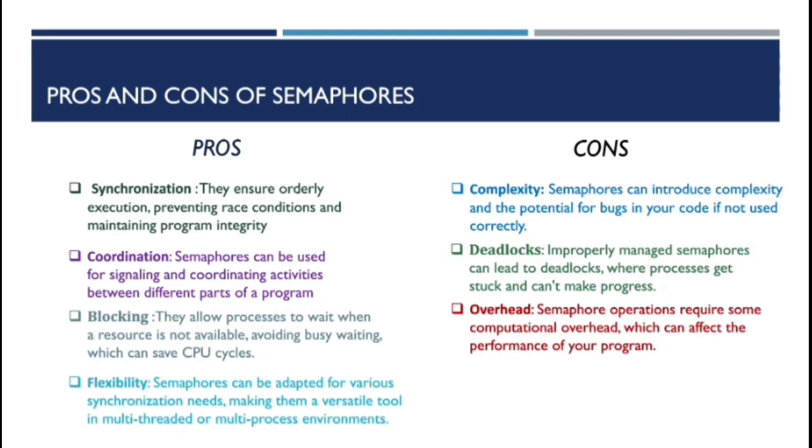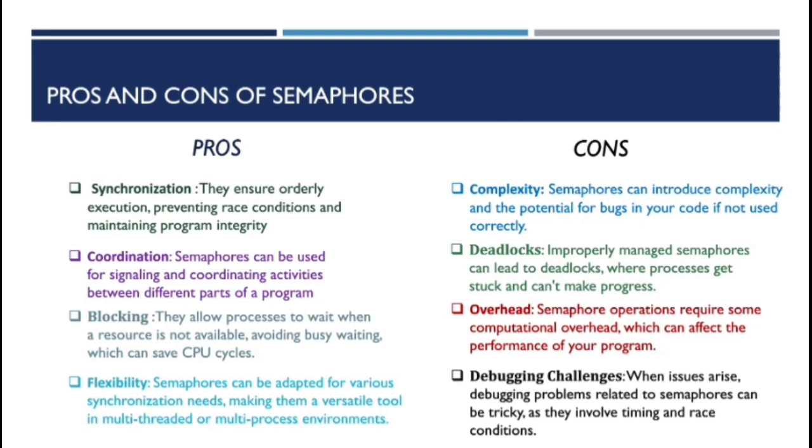Semaphores also give overhead, that is, they require some extra work for the computer which can slow down a program. When issues arise, debugging problems related to semaphores can be tricky as they involve timing and race conditions. Despite the disadvantages of semaphores, they have various advantages making them widely used.